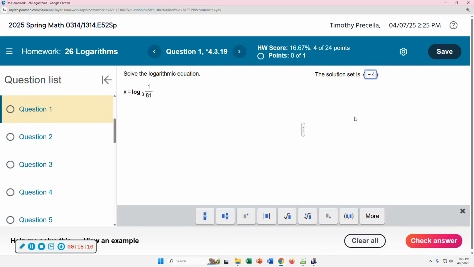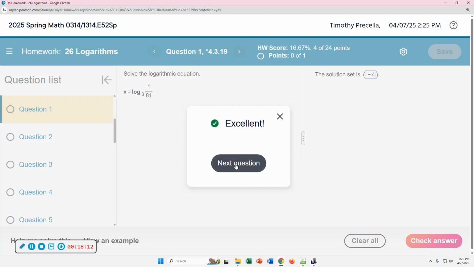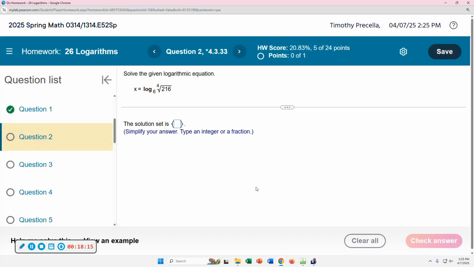Any questions there? Number 2 looks horrible. X equals log base 6 of the 4th root of 216.